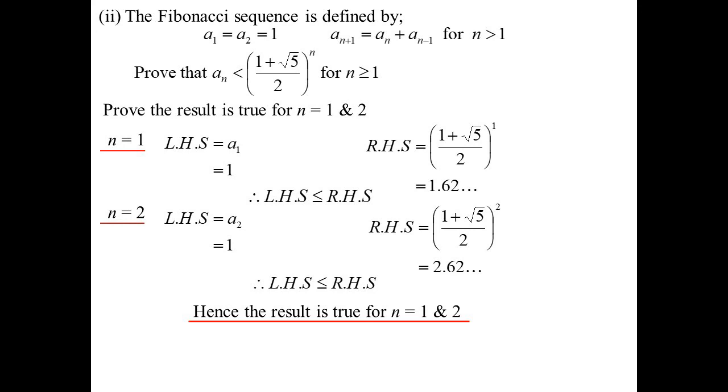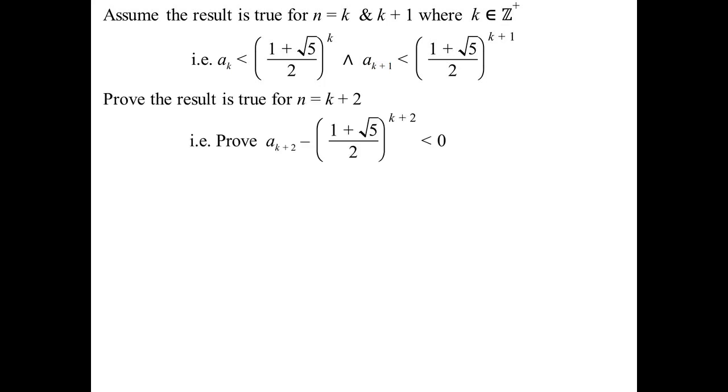Now I have to make 2 assumptions, because I'm going to end up substituting in 2 terms. So I'm going to assume that term a_k is less than ((1 plus root 5)/2) to the power of k, and term a_(k+1) is less than ((1 plus root 5)/2) to the power of k plus 1. We then want to prove true for k plus 2. Again, I've moved everything to the left. I'm going to try and show this is a negative number.